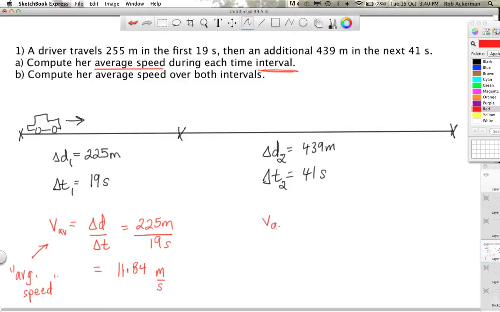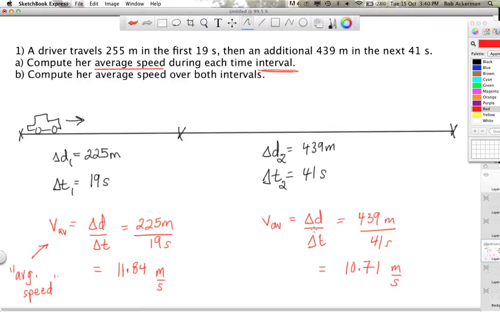I can calculate the VAV, the average speed in here, where 439 meters were covered in 41 seconds. And what do I get here? So I go 439 divided by 41, and this time I get a slightly different number, 10.7, well, it rounds to 10.71 meters per second.